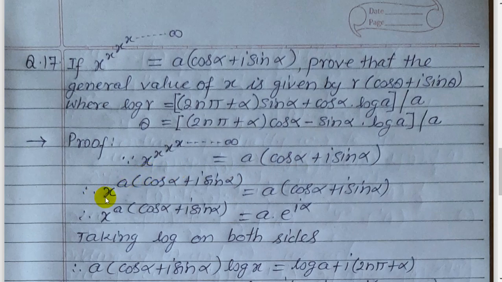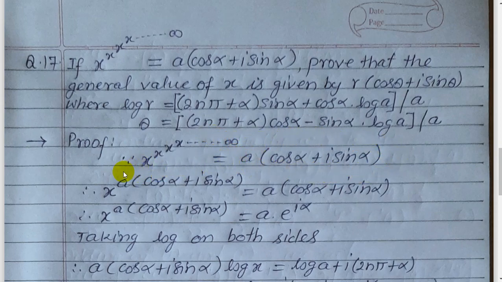Therefore, x to the power a into cos of alpha plus I sin alpha equals a into cos of alpha plus I sin alpha. Because if we take as 1x here, put as 1x reserve, so x raised to x raised to x raised to x raised to x up to infinity will be same value.